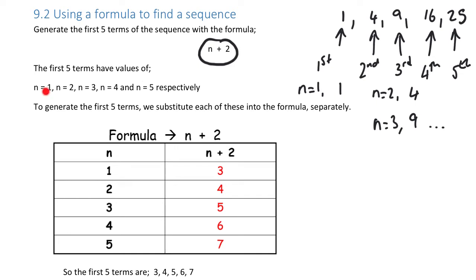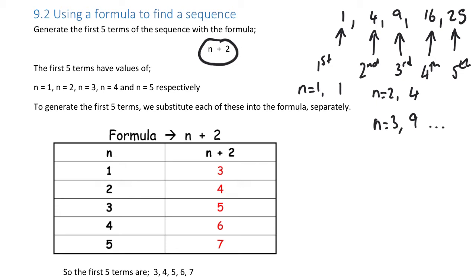So if we substitute 1 into the formula, you'd have 1 plus 2, which is 3. When n is 2, we've got 2 plus 2, which is 4. When n is 3, it's 3 plus 2, which is 5. When n is 4, it's going to be 4 plus 2, which is 6. And when n is 5, it would be 5 plus 2, which is 7.